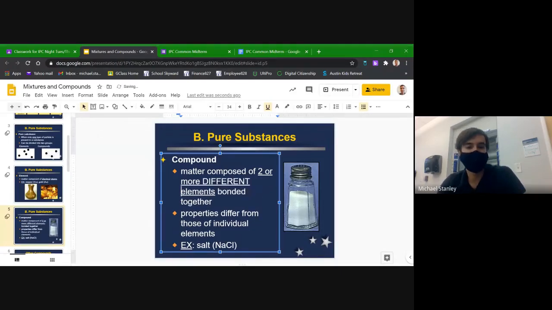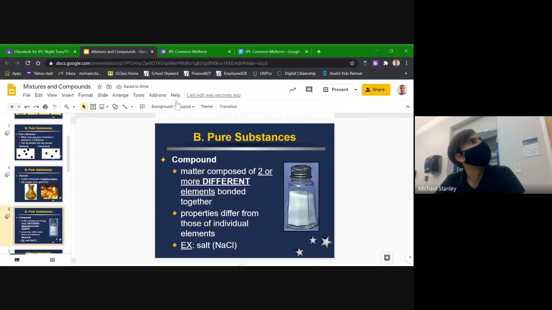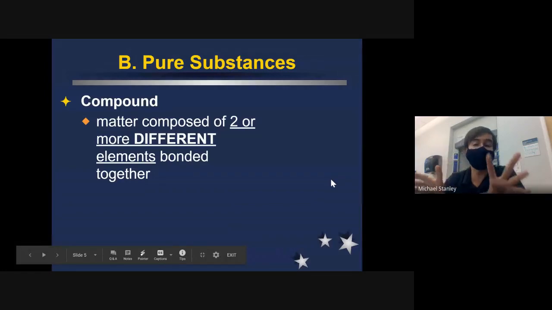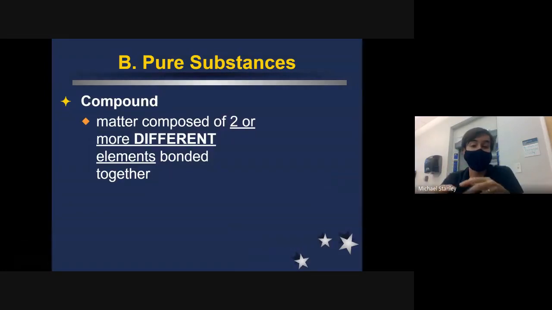I don't know why I didn't do it this way before. There we go. Two or more different elements, different atoms bonded together. So they're stuck together. They're like glued together at the chemical level.